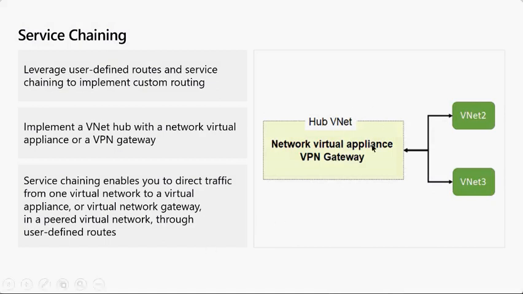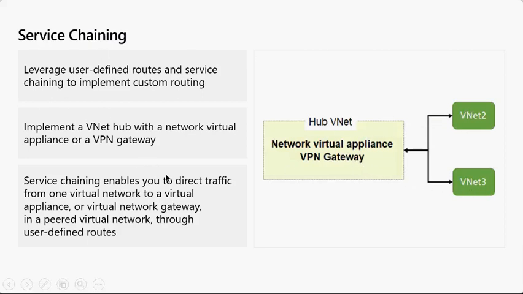That means you are actually enabling your virtual network gateway to talk to another VNet. The VM from this network that wants to talk to this VNet has to come here and talk to it. That way I can enforce some routing here. So anytime a VNet 3 machine wants to talk to VNet 2, it cannot talk directly, though there is a connection here, but still I want to enforce it to come to the gateway and talk to it.